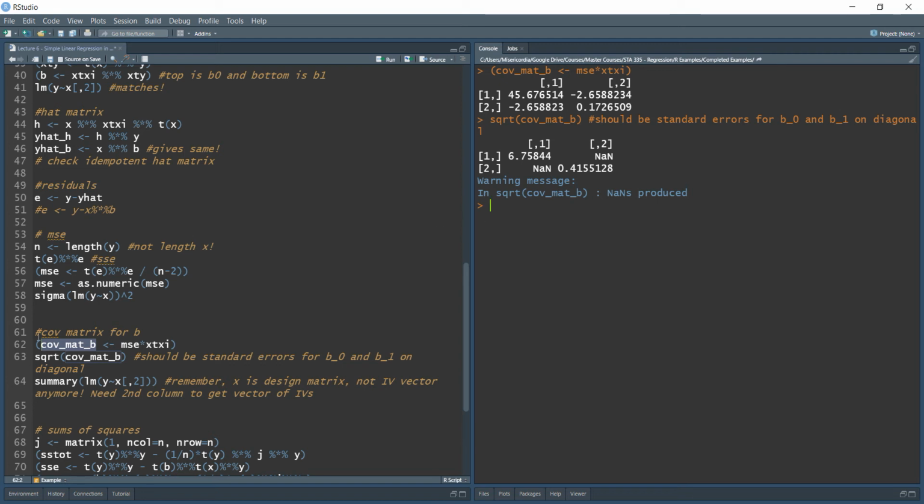Sometimes it can be handy if instead of finding all that, I just type diag, which gives me the diagonal, and then I can do square root of the covariance matrix of B, and that gives me the diagonal, so I don't have to worry about reading all of these big matrix elements. I can just look at those diagonal elements. Now, what are these?